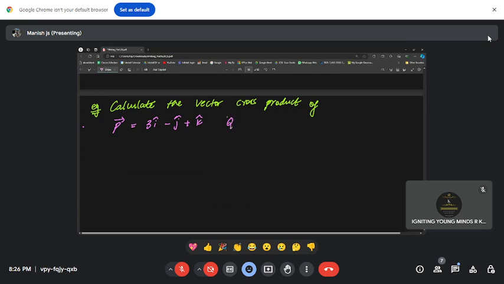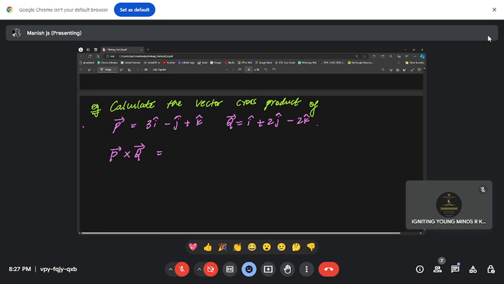Vector Q, i plus 2j minus 2k. So you have two vectors P and Q. You are supposed to find the vector cross product of P and Q, which is P cross Q, to be evaluated.